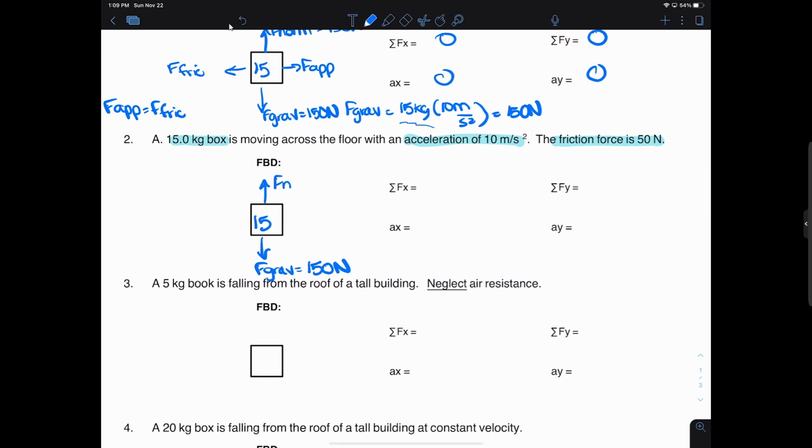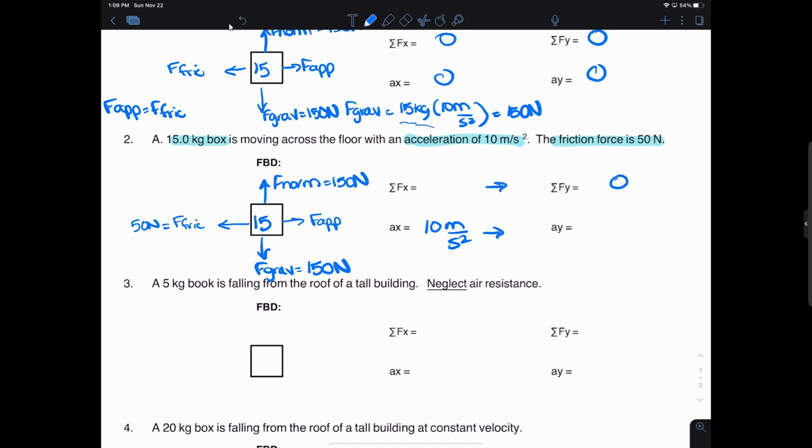I'm just copying that. We know that it's going to be balanced. We know that there's probably an applied force. There's also going to be a friction force that they told us was 50. We know that it has an x-ward acceleration, 10 meters per second squared.